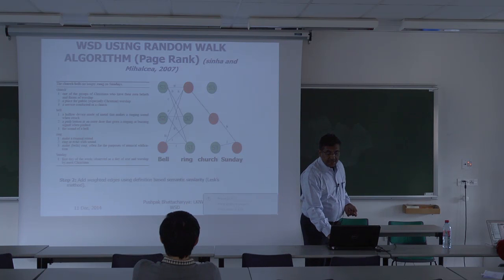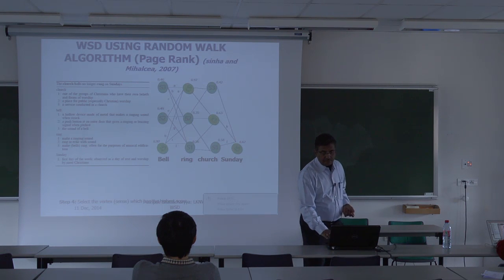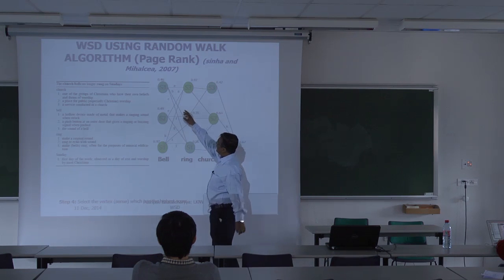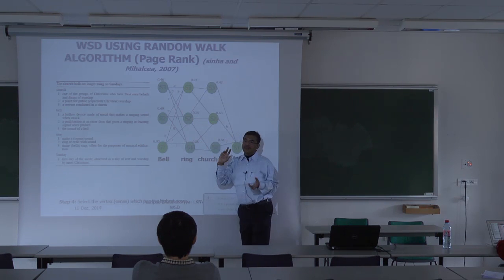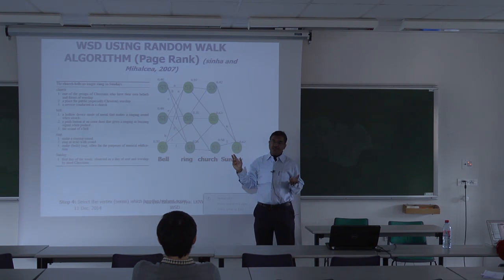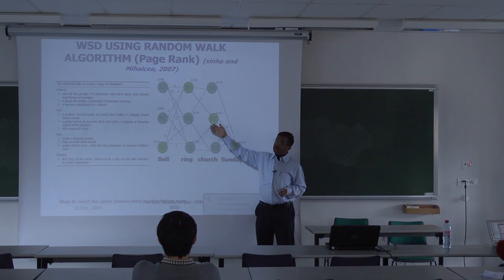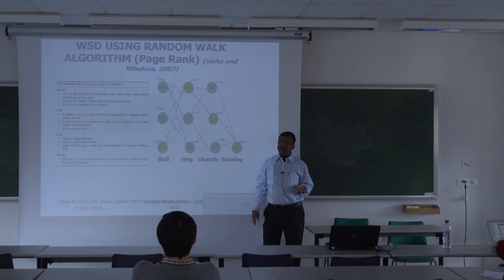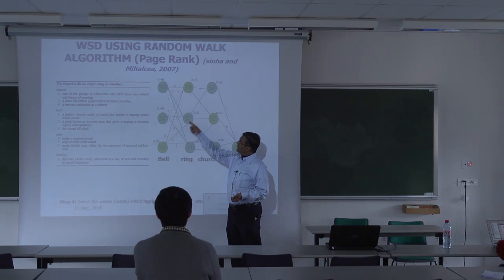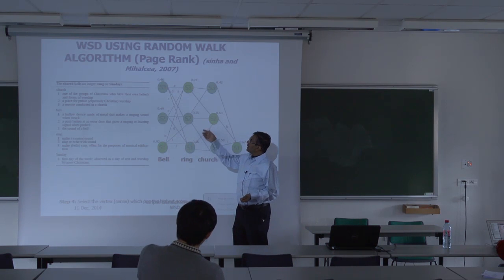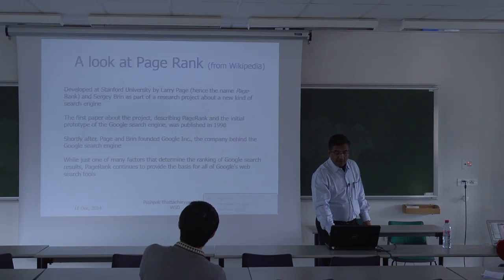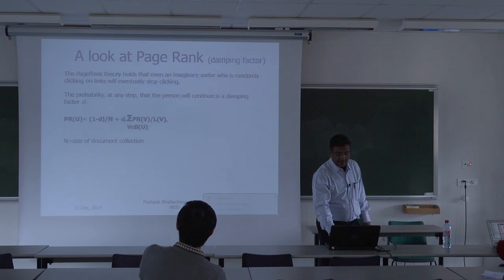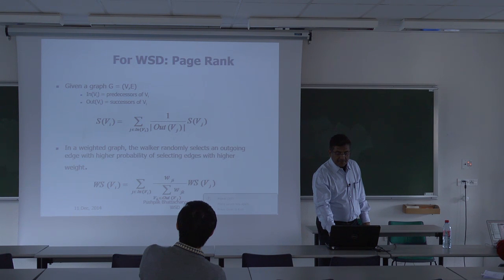So, first a graph is created which is based on the similarity of these senses, and the similarity is calculated from the synset overlap, the similarity of the 2 synsets in the Wordnet. Okay. That uses things like Resnik similarity, Lin similarity, there are many similarity measures in the Wordnet, and then a PageRank algorithm is run on this whole graph, and the winner senses emerge. This is also an overlap based algorithm essentially, and PageRank of course is a well known algorithm which is adapted for this particular work.